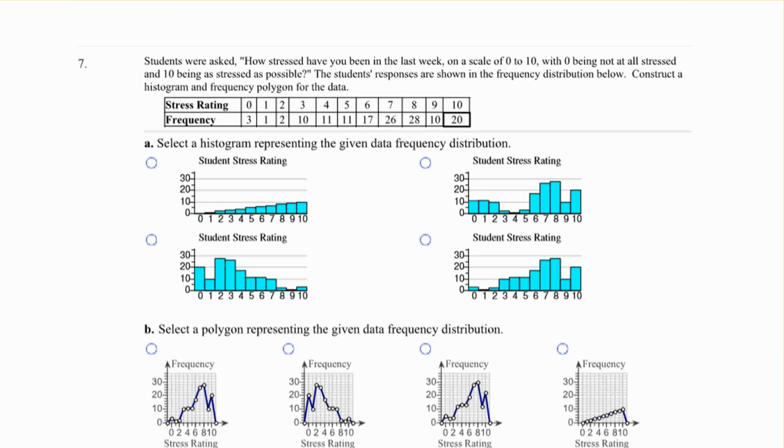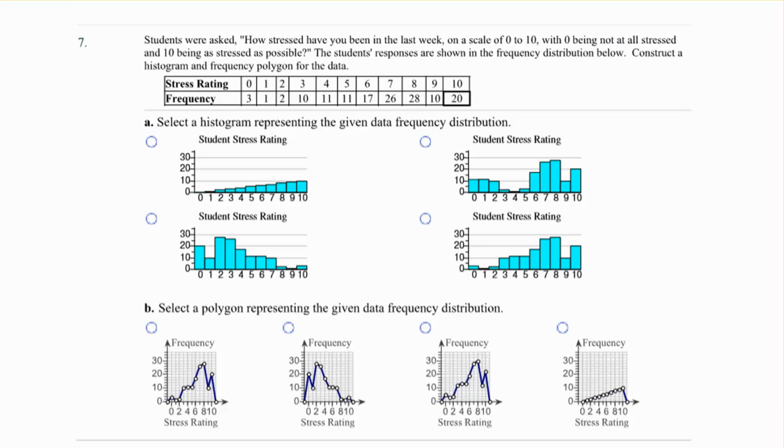All right. Let's take a look at some more ways that data could be described. All right, we've got our frequency distribution, and we can make it a little more visual by putting it into what's called a histogram.